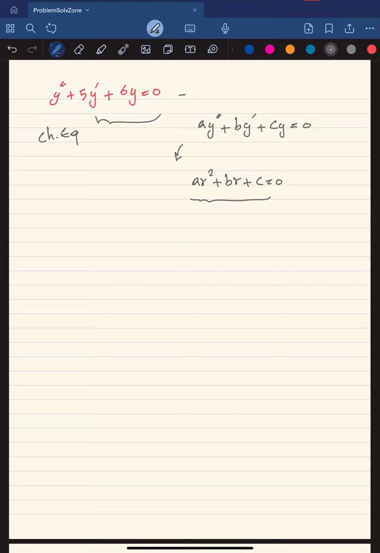For finding the roots we use the delta formula, which is like this, and three things might happen. We have three cases. One is that delta is positive, then we have two roots, r1 and r2. Or delta might be equal to 0, then we have just one root.